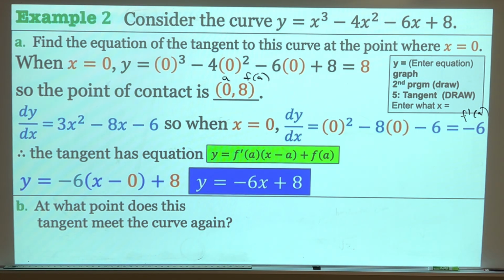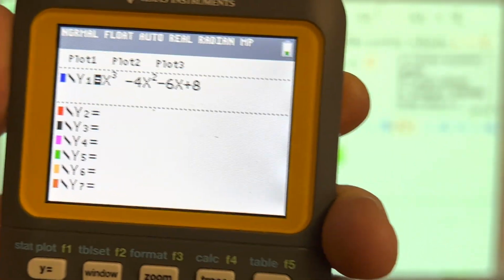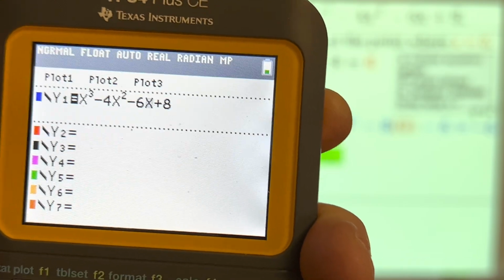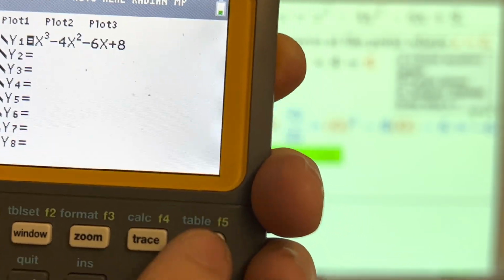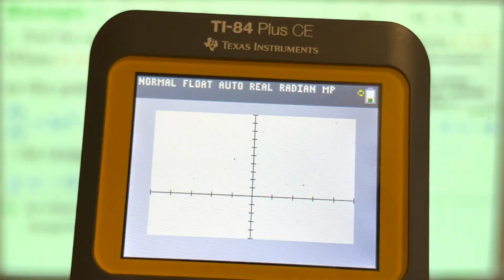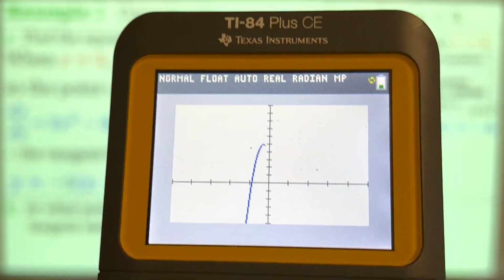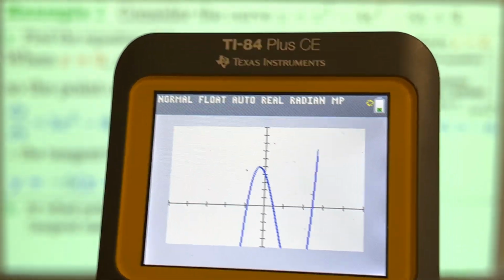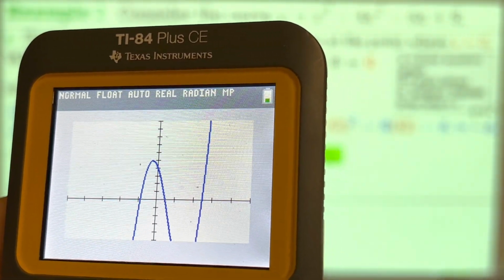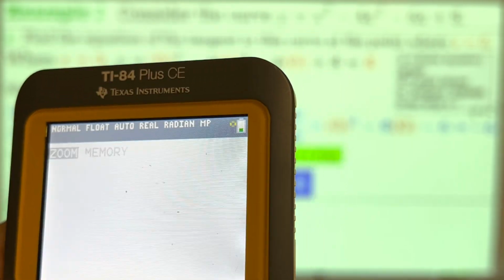Uh-oh, what did I do wrong here? Oh, I forgot about my cubed. I had to put it back there. So I'm going to go to the right, and enter it. Hit graph again, and I get a graph that looks kind of like this. It's not totally great, so I'm going to go to zoom.